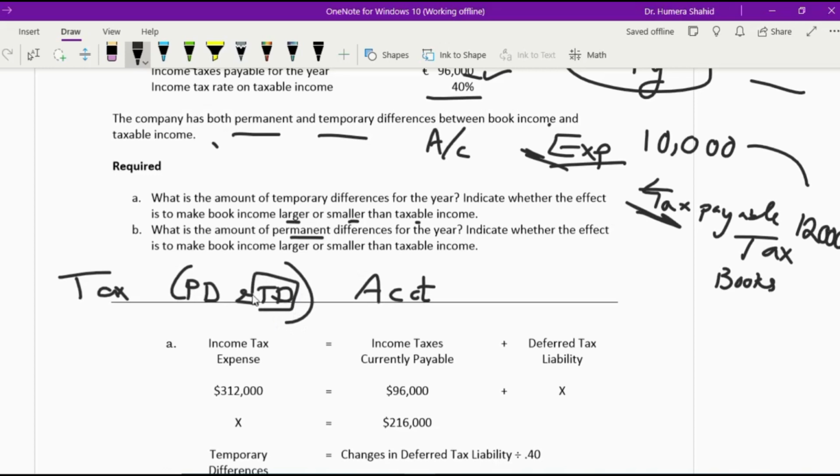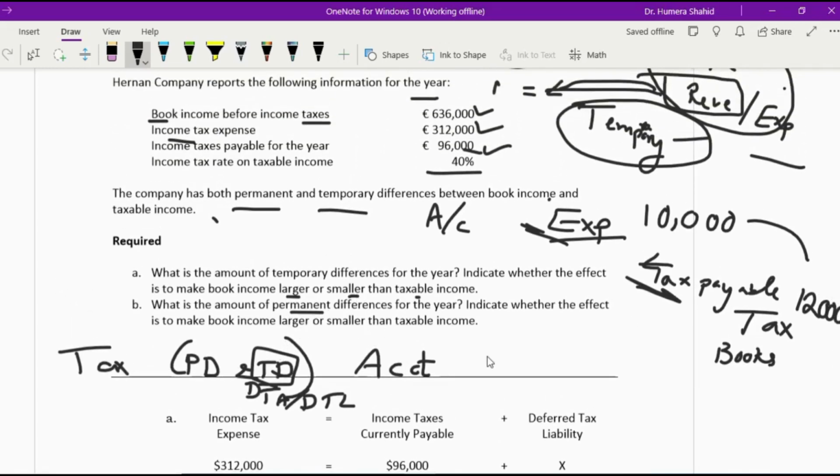Temporary differences give rise to deferred tax asset or deferred tax liability. So let's try to figure out what are the temporary differences and what are the permanent differences. I can take the help of deferred tax liability to calculate the temporary difference. How can I do that? Look at this.